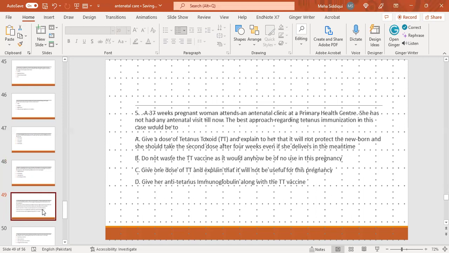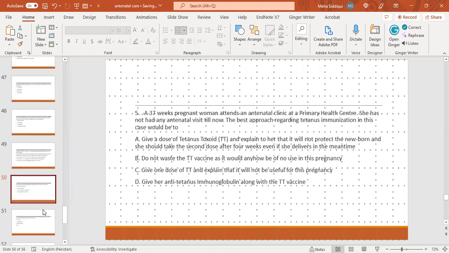B. Do not give the tetanus toxoid vaccine as it would anyhow be of no use in this pregnancy. C. Give one dose of tetanus toxoid and explain that it will not be useful for this pregnancy. D. Give her anti-tetanus immunoglobulins along with the tetanus toxoid vaccine. A. Yes, A is the right option.